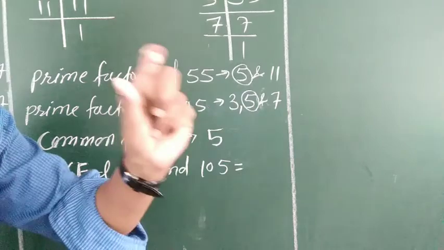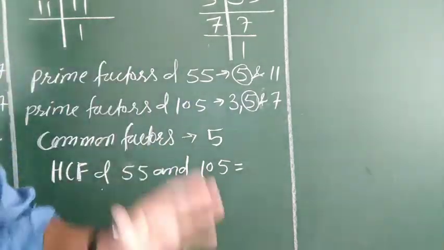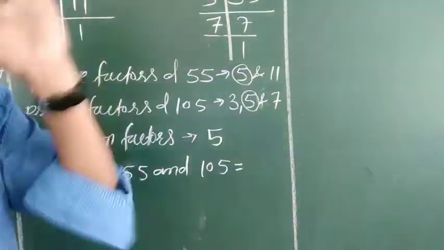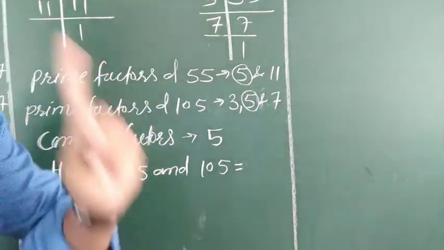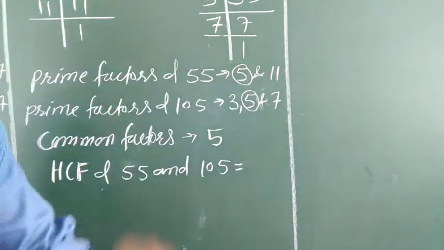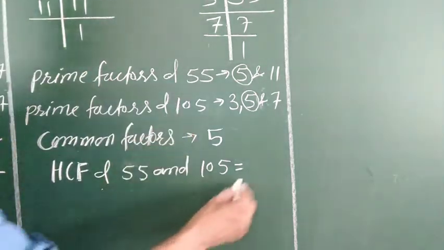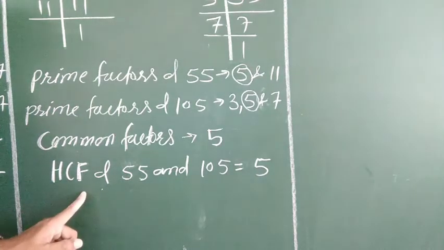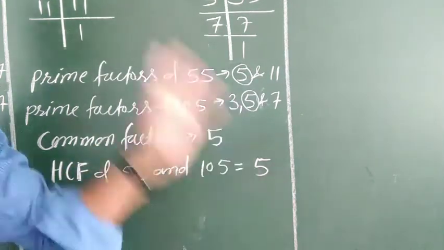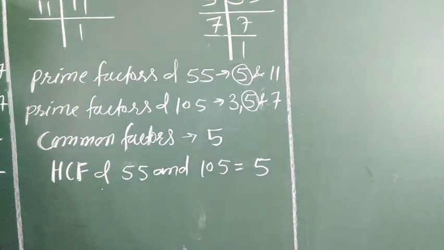So whenever there is only one common factor, then that common factor itself will be the HCF, because it is 5. So HCF of 55 and 105 is equal to 5. This way it is HCF 5 of 55 and 105.